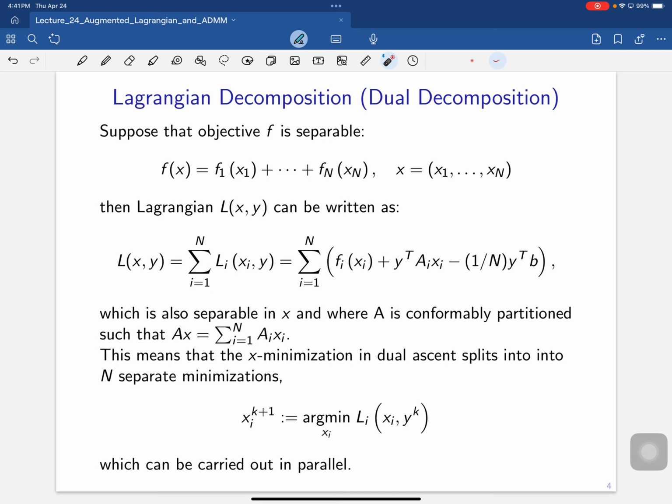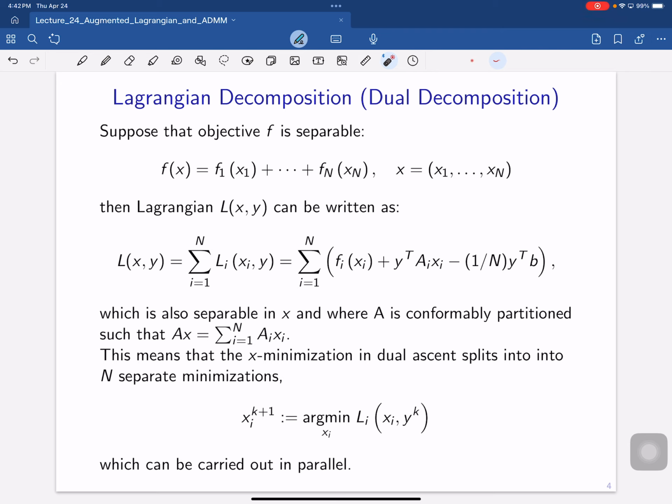You could dualize this complicating constraint by multiplying the y variable, the dual variable, here, and you get this form of problem. So this means if you want to minimize over x, you can split it into different blocks, just like what we did before. Each x_i can be a scenario in a stochastic program, or it can be a machine in the assignment problem we talked about before. Instead, here we introduce a notation using a convex nonlinear function f_i(x_i) instead of c transpose x_i.